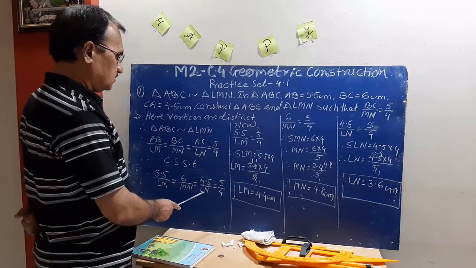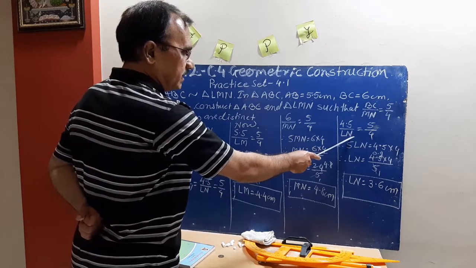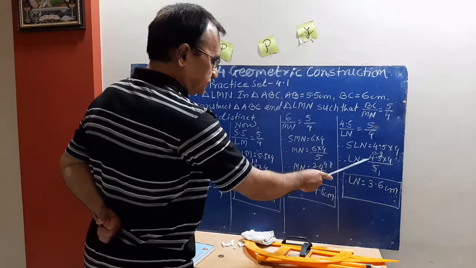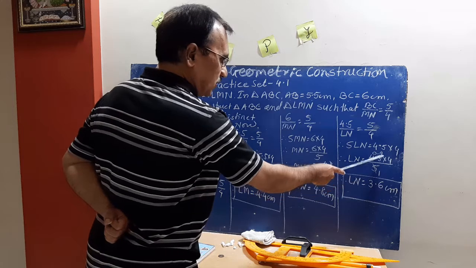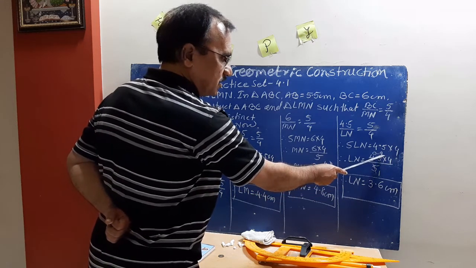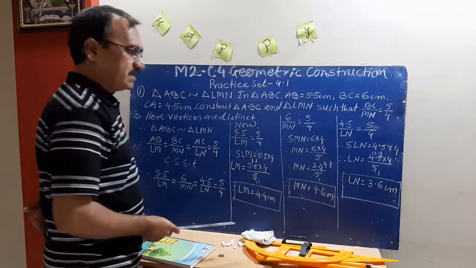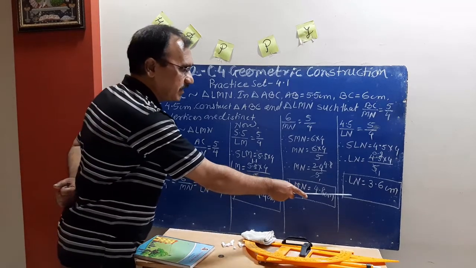Then third ratio and last ratio, 4.5 upon LN is equal to 5 upon 4, cross multiplication, LN is equal to 4.5 into 4 upon 5, 5 9s are 45, but there is one decimal point, that is 0.9, 9 4s are 36, means LN is equal to 3.6 centimeter. These are the lengths of sides of remaining triangle.